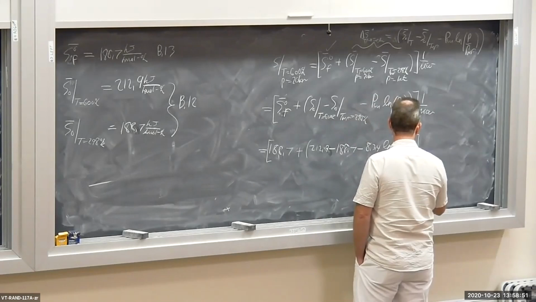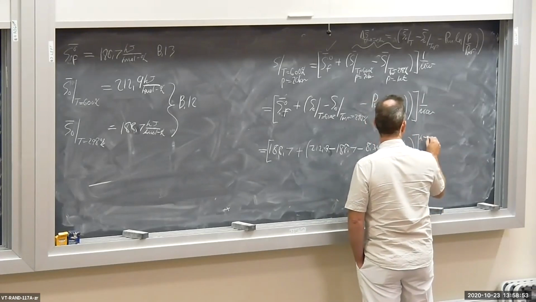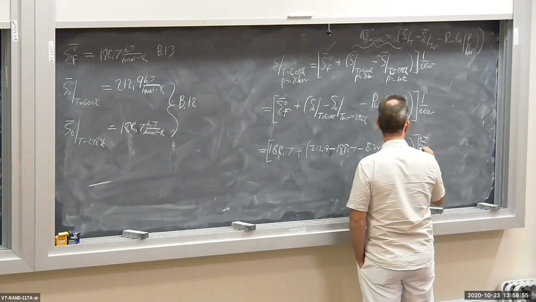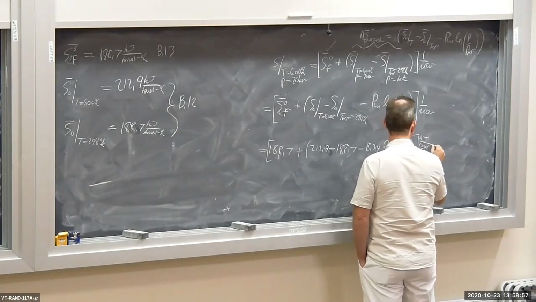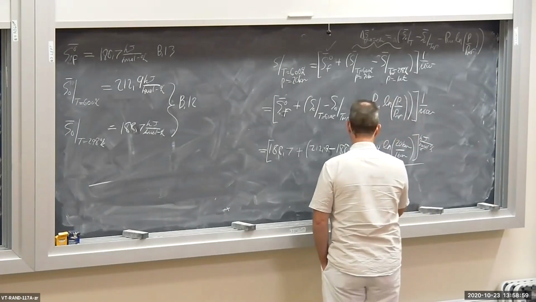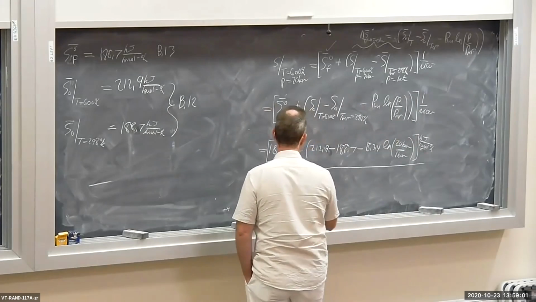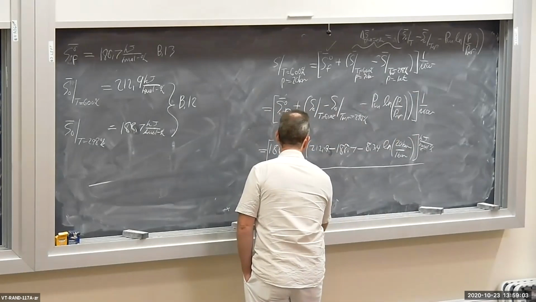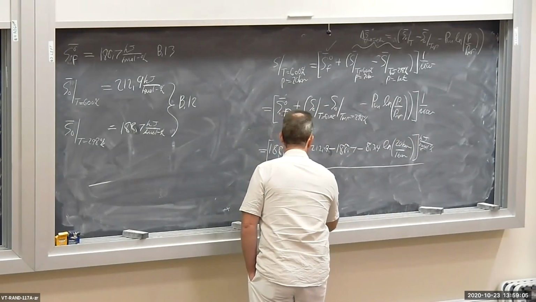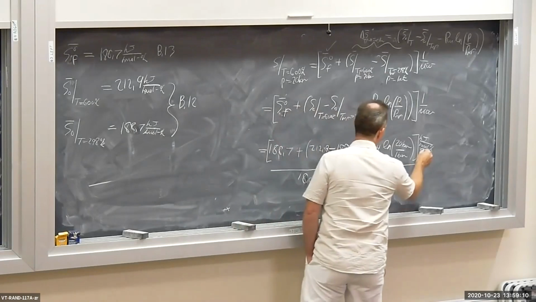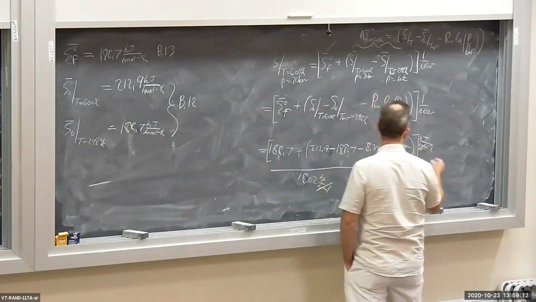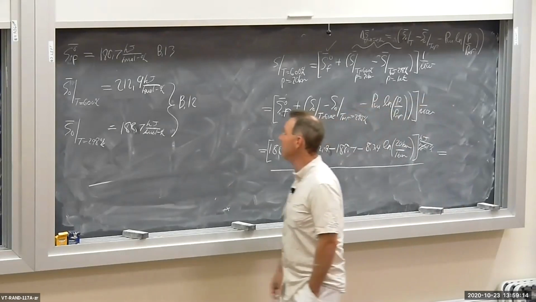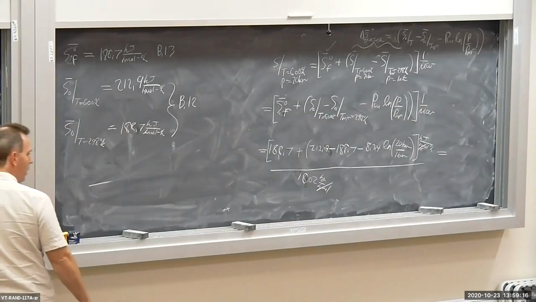And this all has units of kilojoules per kilomole degree Kelvin. And again, it's going to be divided by 18.02 kilograms per kilomole. The kilomoles cancel out, and I get kilojoules per kilogram degree Kelvin, which is the unit I'm looking for. Let's see here.